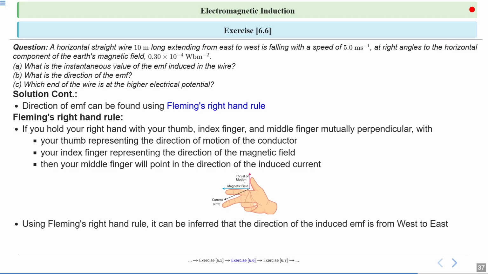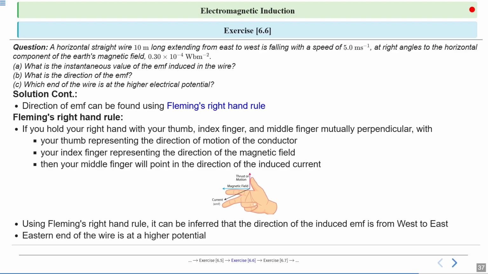Okay, using Fleming's right hand rule, it can be inferred that direction of induced EMF is from west to east. So the direction of induced current is from west to east. What is the polarity of EMF? In the direction of induced current, the positive terminal will be formed, because current is generated from the positive terminal.